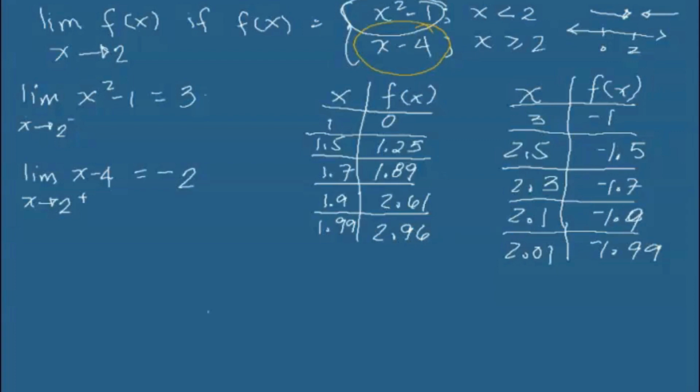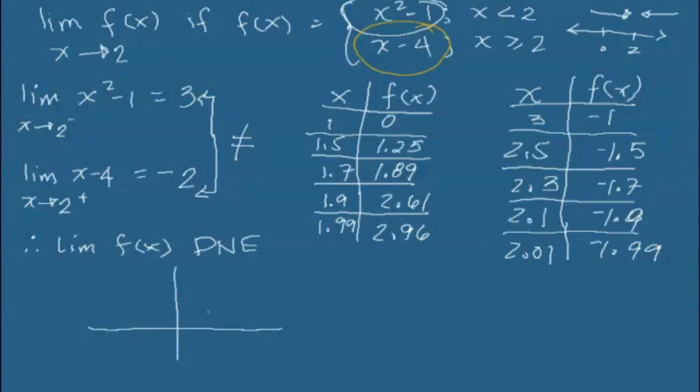So we can say that from these values, our left-hand limit and right-hand limit are not equal. If they are not equal, therefore, the limit of the function does not exist.